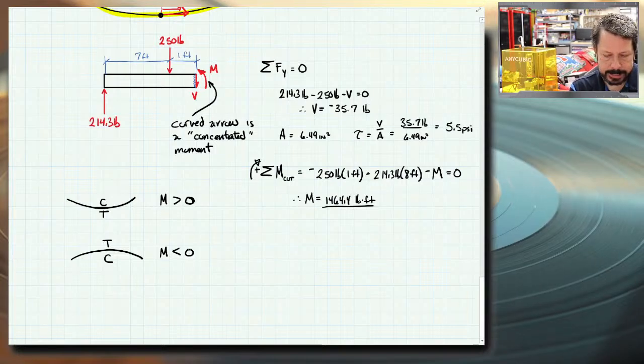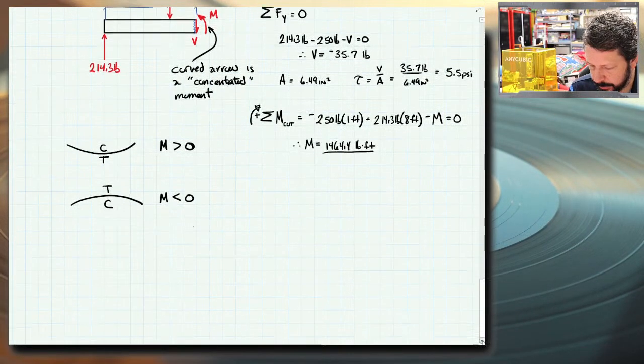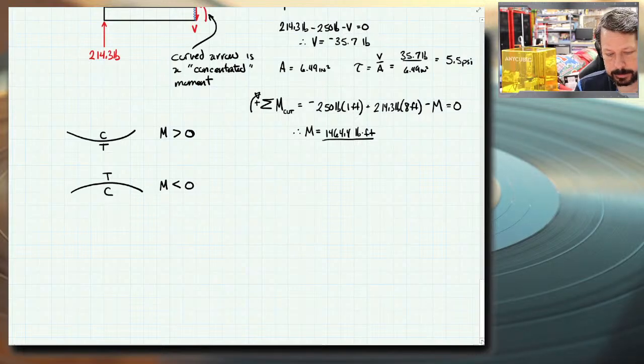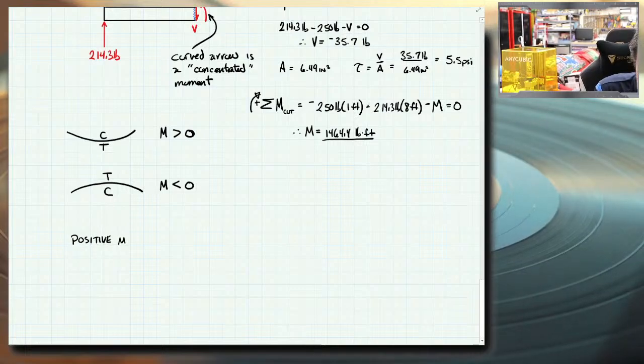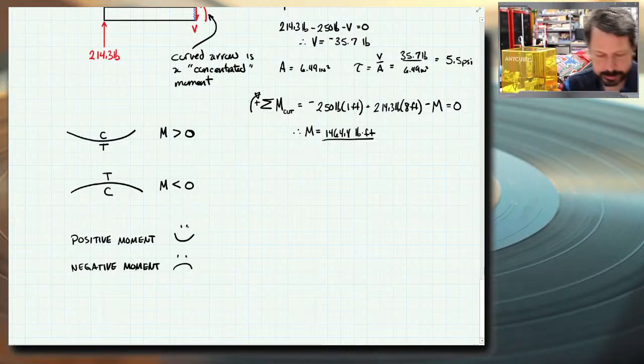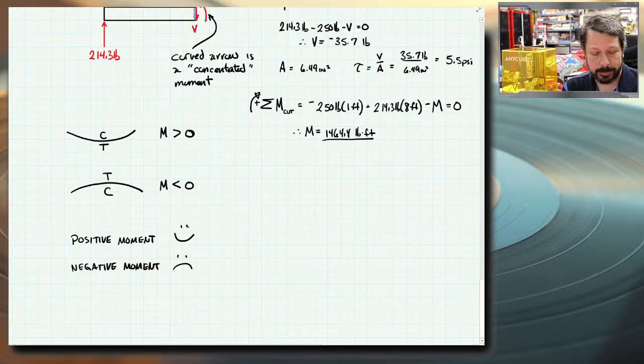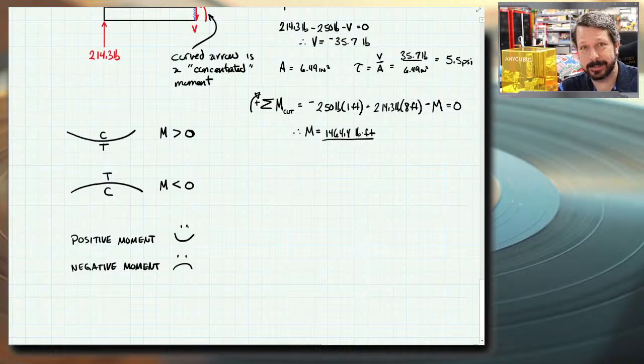So the easy way to remember this is to think of positive moments, greater than 0. Negative moments, less than 0. So positive moment does this, negative moment does this, and if you add a couple little eyes, it's really easy to remember what the positive internal bending moment does and what the negative internal bending moment does to the beam.